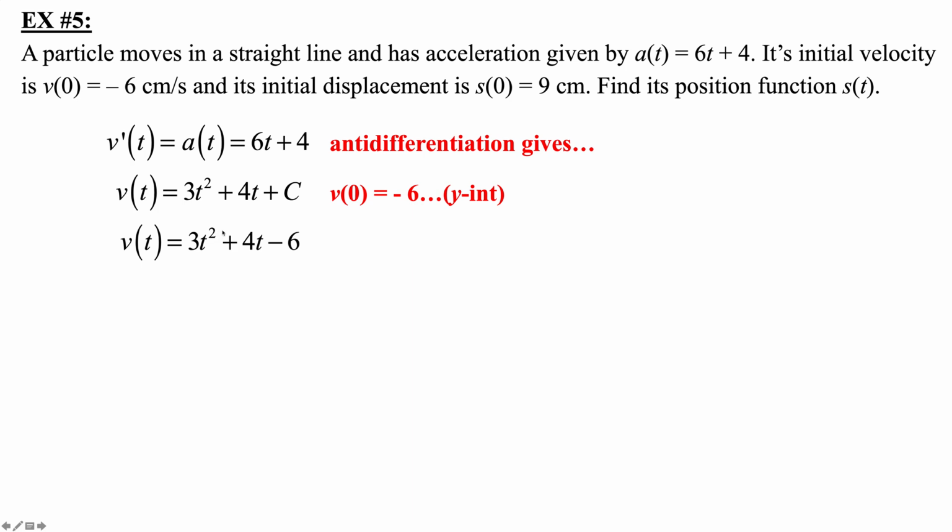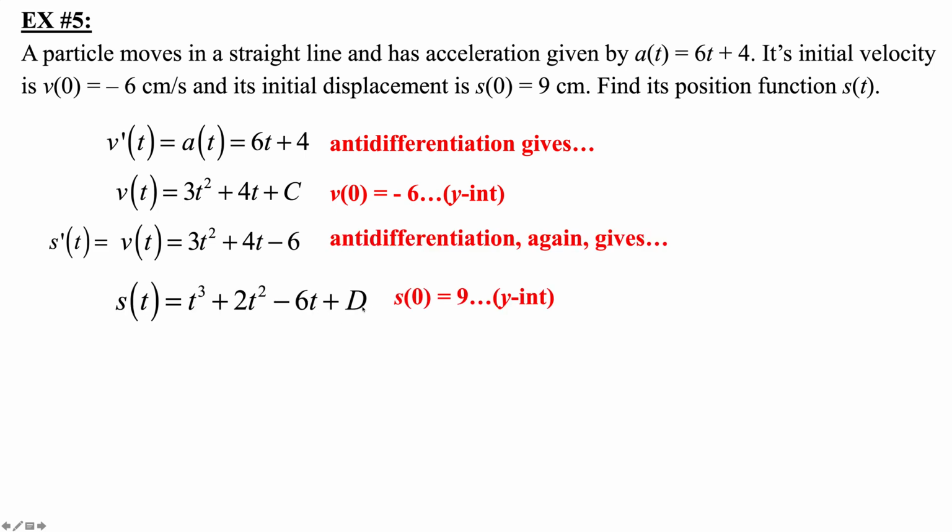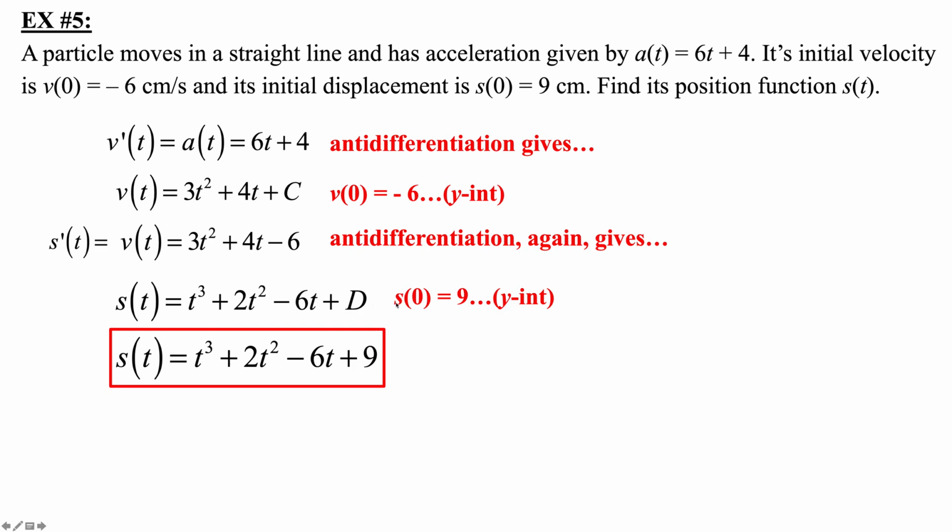So 2 plus 1 is 3 for the power, divide by 3, that's going to cancel your 3, so t cubed. 1 plus 1 is 2, so t squared over 2 reduces the 4, makes that 2t squared. Multiply the minus 6 by t and add on your d, your next constant variable. Again, s of 0, that's your y-intercept, so d is 9, and you found your position function. Very similar to what we did in the last problem.